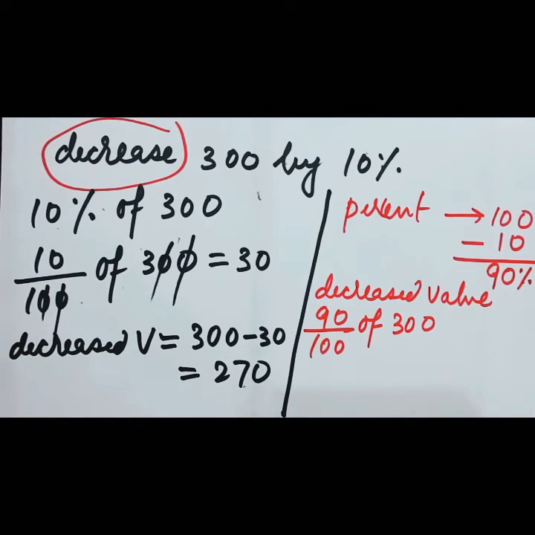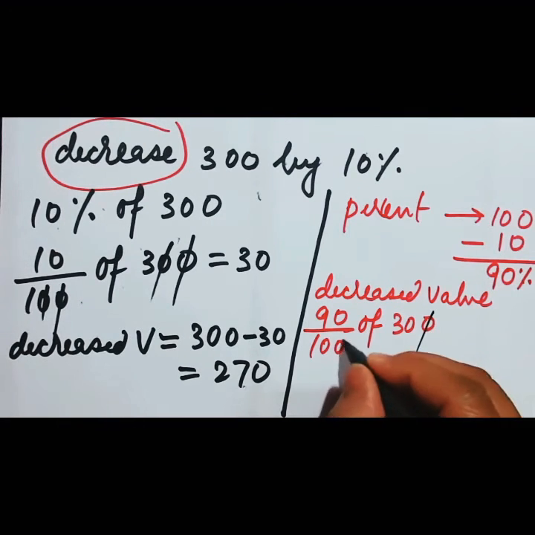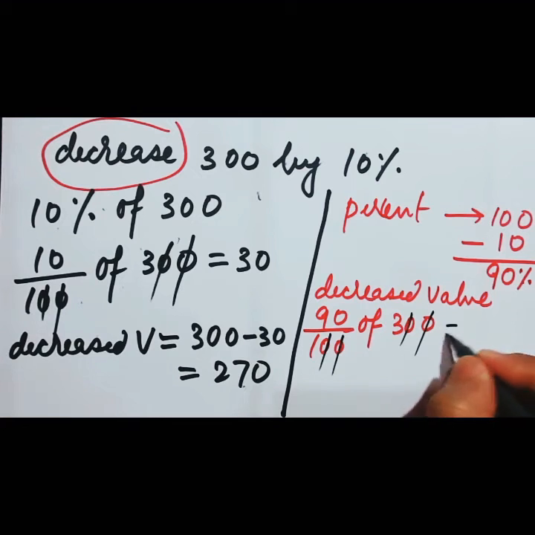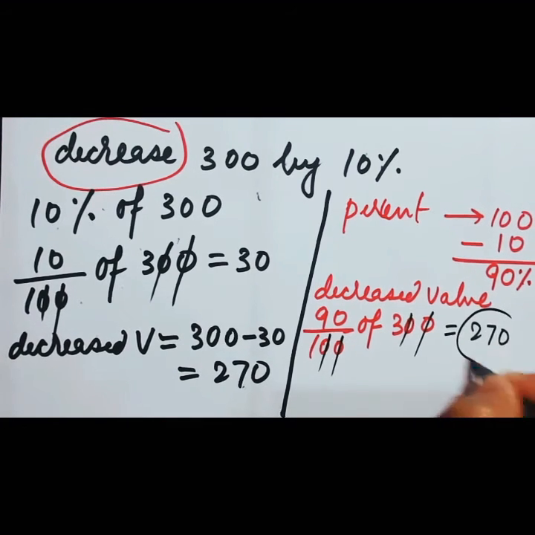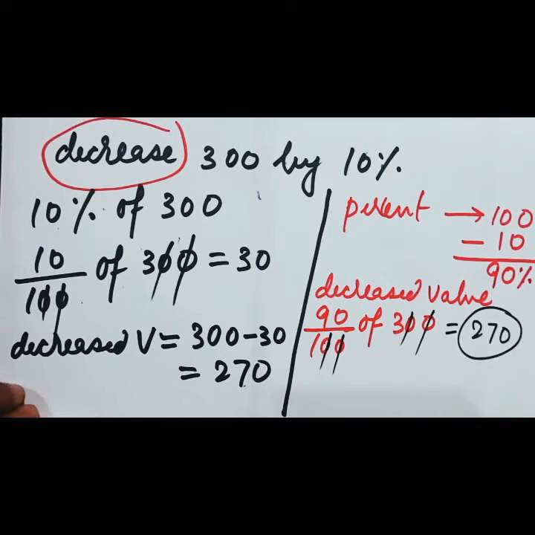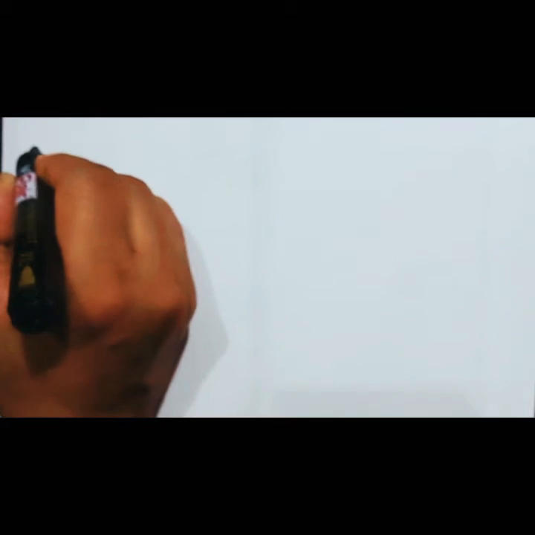When you do some cancellation, you will get 270. Where lies the problem? Just tell me, where lies the problem? Both will fetch you marks, but when we deal with the next sum which will involve decimals, at that time we can save lots and lots of time, as well as our brain, so that we do not use it unnecessarily.